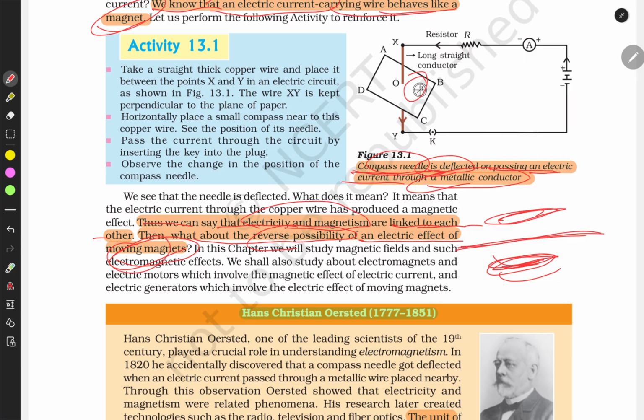So in a wire in which no electricity is flowing, magnets around it can create electricity in it. So electricity and magnetism are linked to each other, and they are reversible.